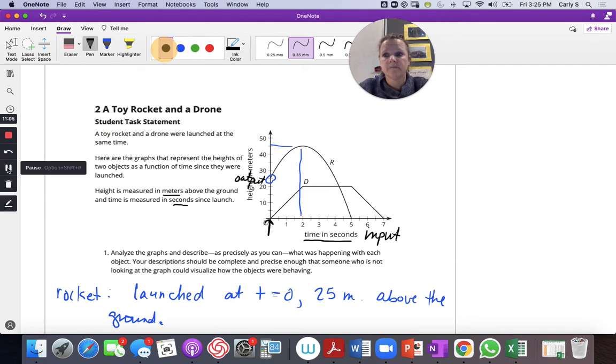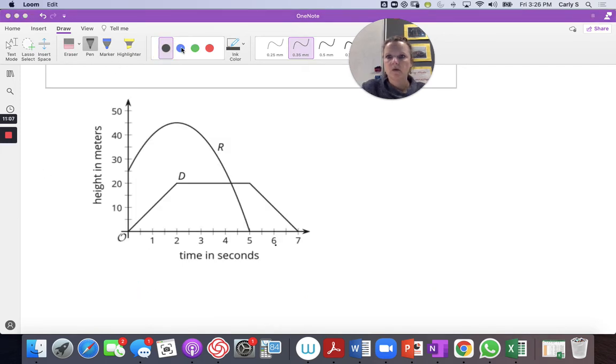Hold on a second. Okay, there are quite a few very important parts about this graph. Really, when time equals 0, what's going on? Which would be at each graph, like what's going on at time equals 0. Okay, very important parts.